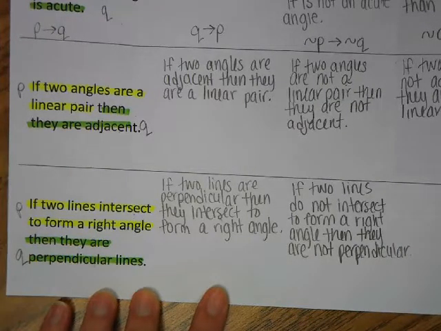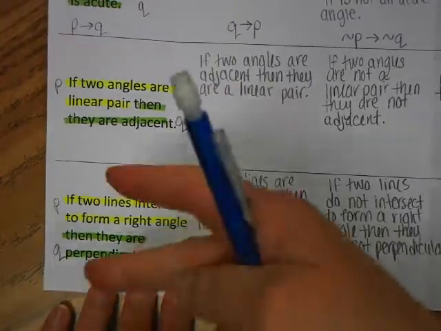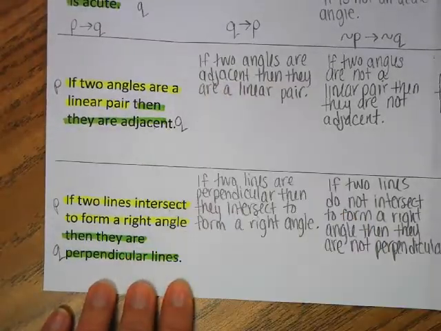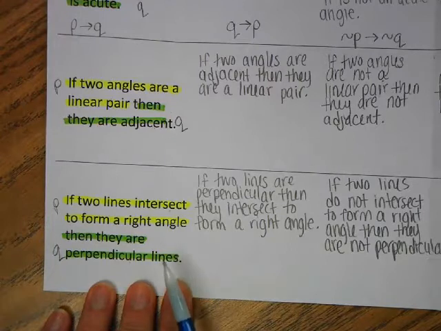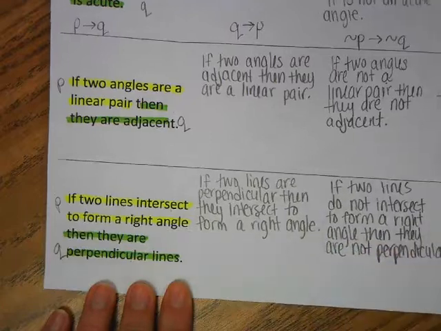And then last but not least, the contrapositive, you have to flip it and negate them. So you would say if two lines are not perpendicular, then they do not intersect to form a right angle.